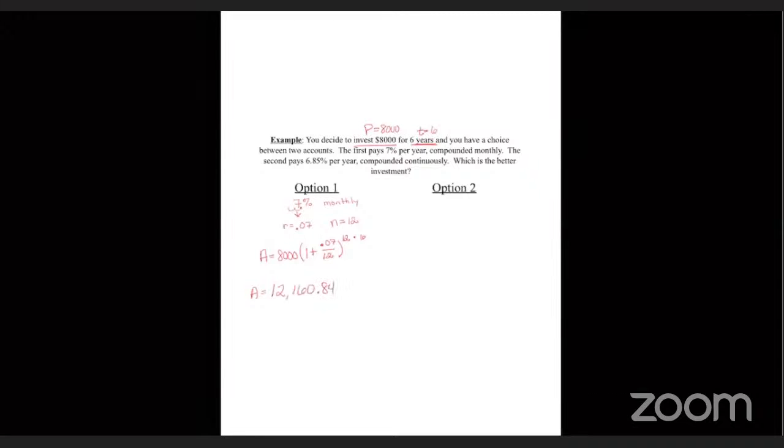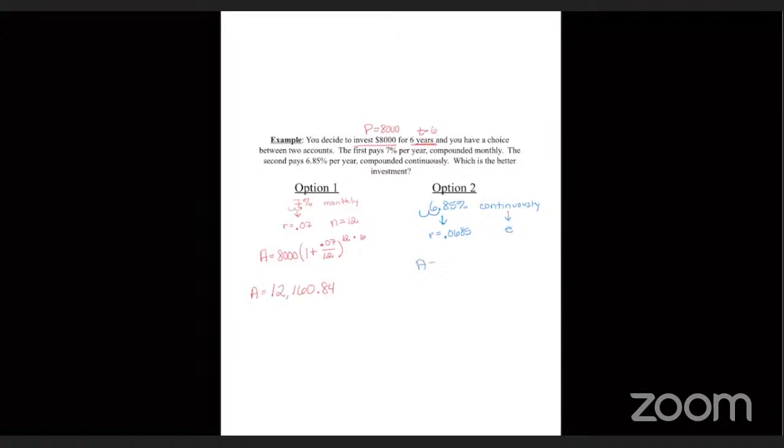And we'll compare that then to what we get for option 2. Option 2 switches up a little bit. We get an interest rate of 6.85%, and it says continuously. So those 2 things translate into a rate of, again, moved by decimal 2 spots, 0.0685, and compounded continuously means our base becomes E, or we use the PERT formula.